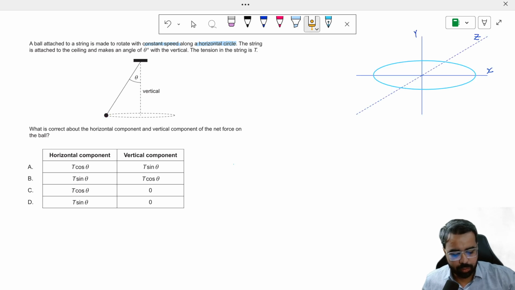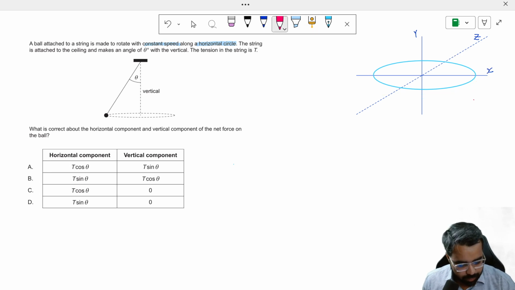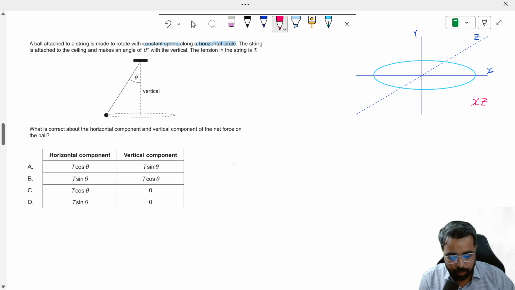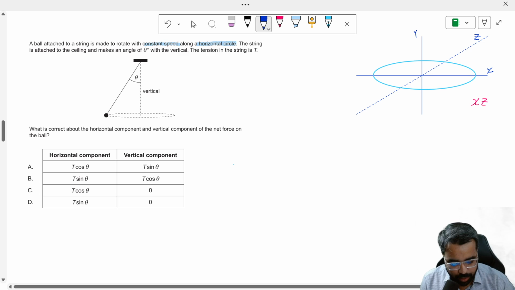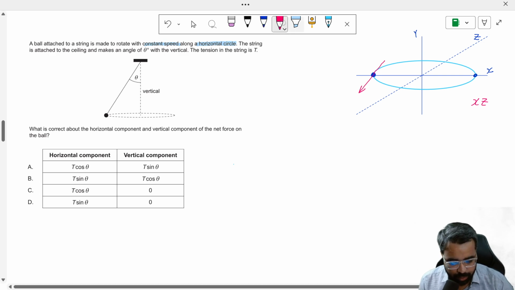Now I'm showing you this horizontal circular motion in our Cartesian coordinate system, in which this is our horizontal plane, which is basically the xz plane. If the object is moving in a horizontal circular motion, then at every point, for example at this point, the velocity will be in this direction, and at this point the velocity will be in the opposite direction.